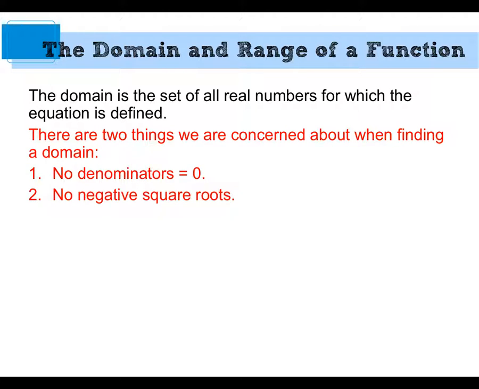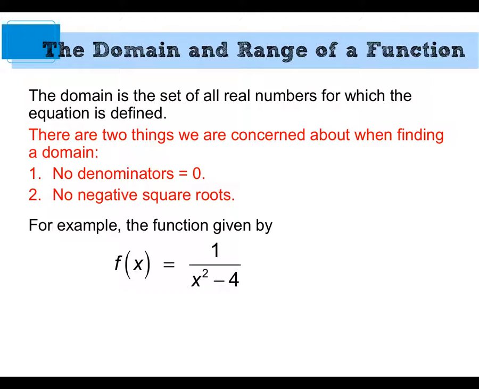Anything else is fair game. If you run into one of those, then everything comes to a screeching halt. What values of x would bother me here? Do we have any square roots? No, so we don't have to worry about that. What about the zero denominator? 2 and -2. Beautiful.